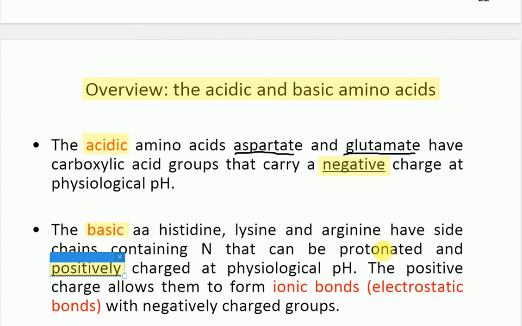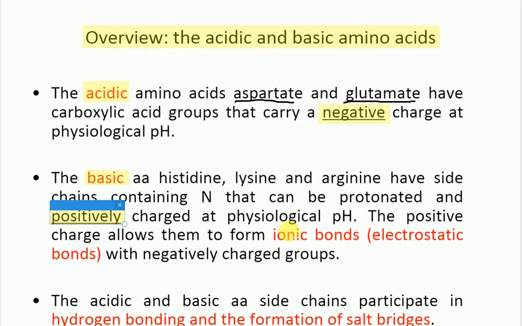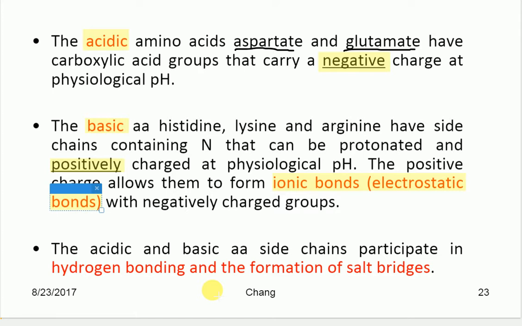The positive charge allows them to form ionic bonds, electrostatic bonds, with negatively charged groups. The acidic and basic amino acid side chains participate in hydrogen bonding and the formation of salt bridges.